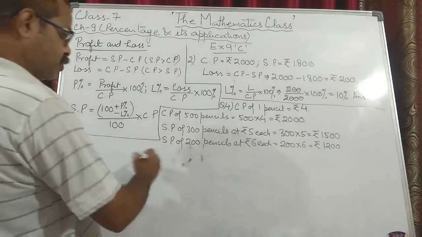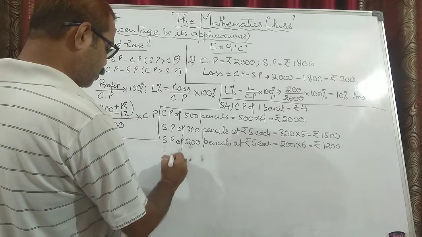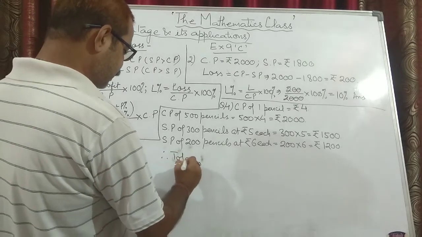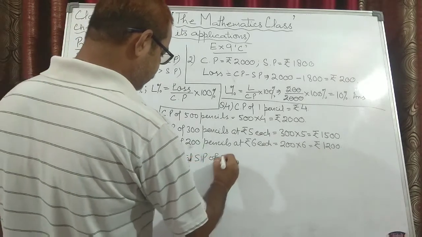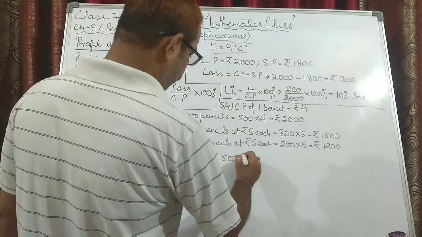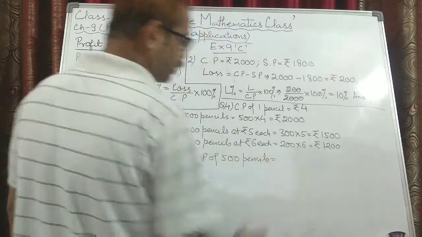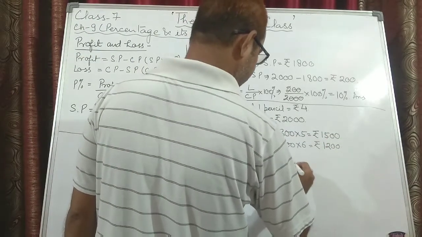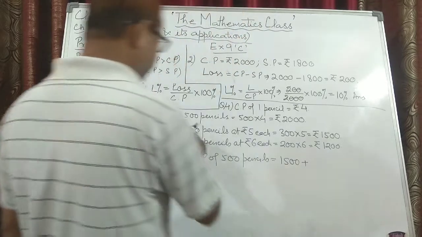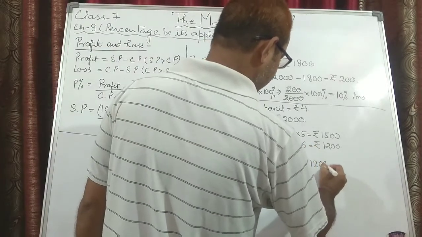So what is the total selling price? Total selling price of 500 pencils will be 1500 plus 1200. 1500 he is earning when he is selling 300 pencils, and 1200 he is earning when he is selling the rest 200 pencils.